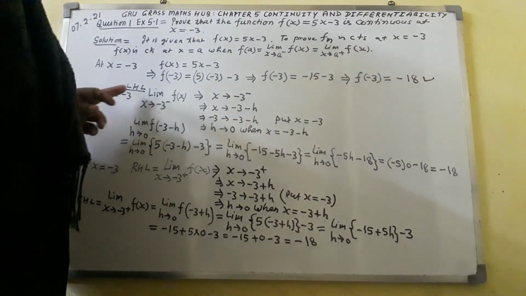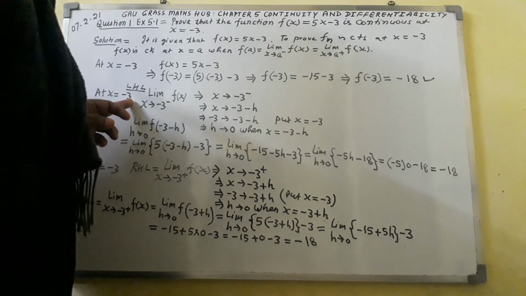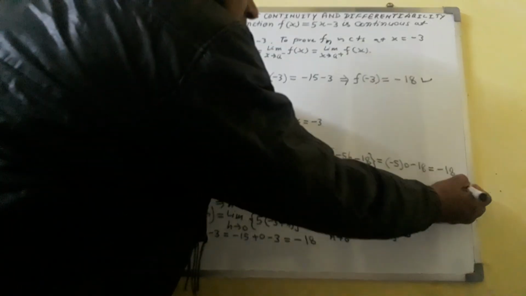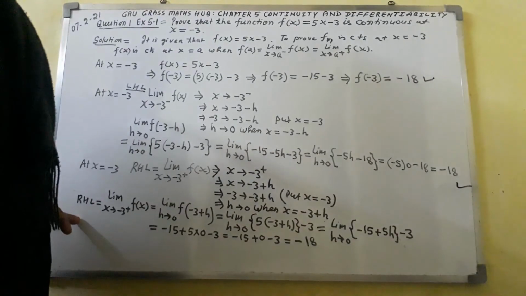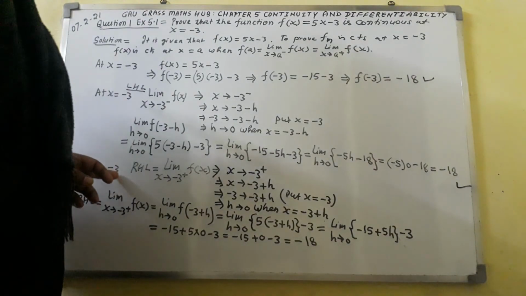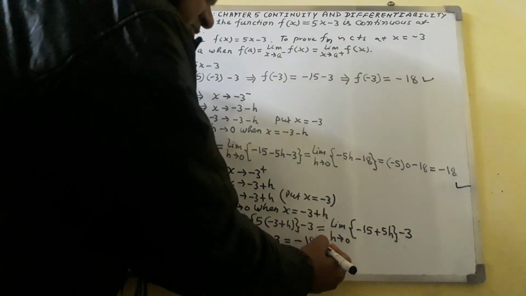Left hand limit at x equal to minus 3 we have got minus 18. Right hand limit at x equal to minus 3 we have got here minus 18.